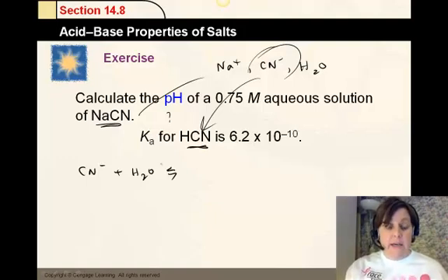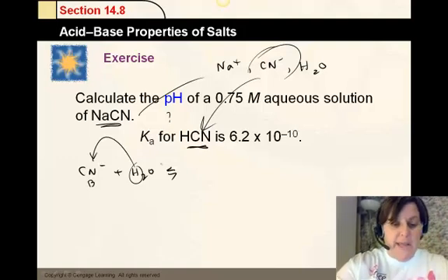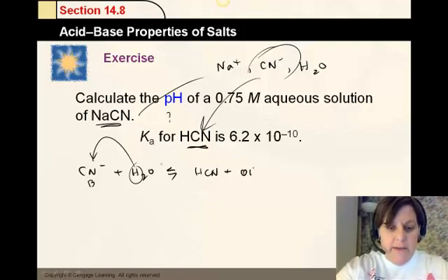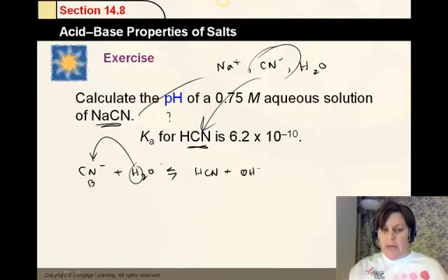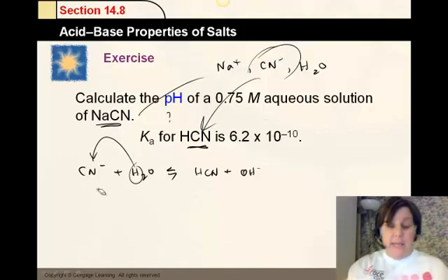It doesn't have any. So therefore, the only thing I can really do is make it act like a base. And that would give me HCN and OH negative, which is fine. We can do that. And if we do that, we're going to figure out the pH.